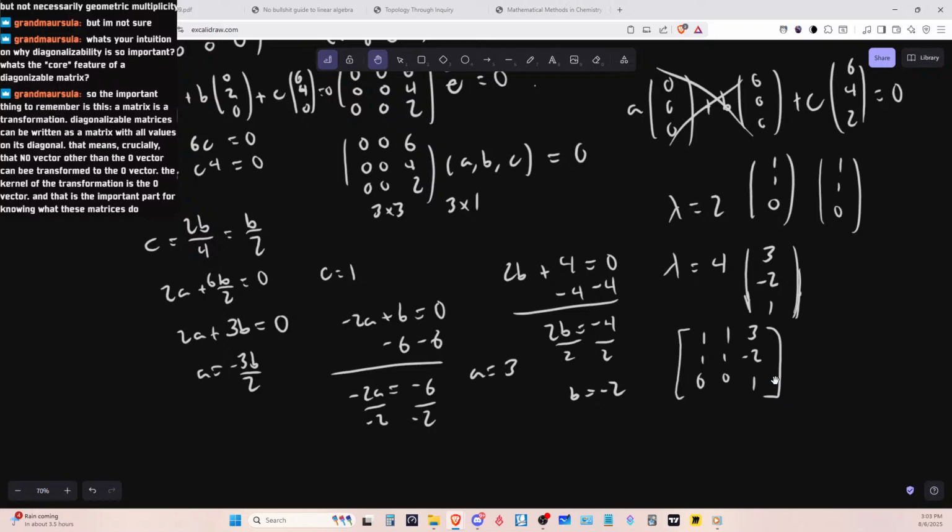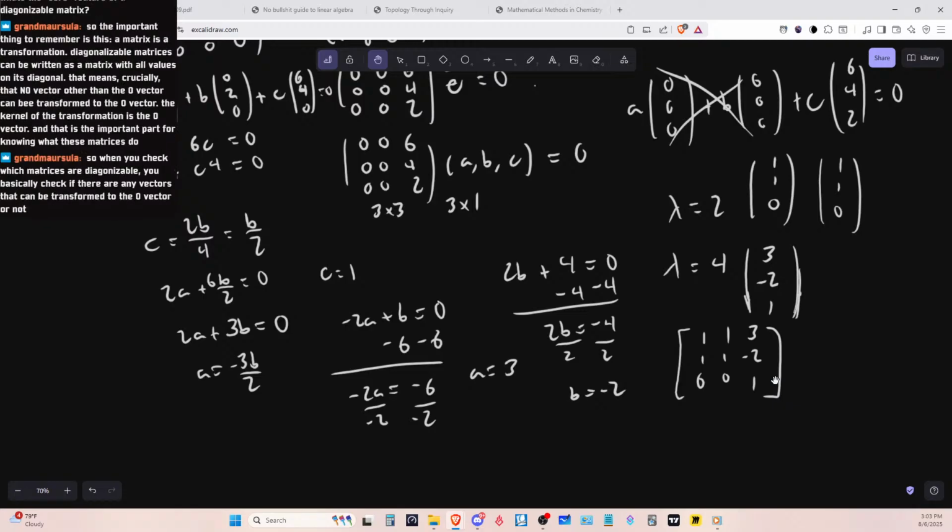Okay, now I gotta break apart what you just typed up, Ursula. So yeah, a matrix is a transformation. That I understood. Diagonalization can be written as a matrix with all the values on its diagonal, okay? That means, crucially, that no vector other than the 0 vector can be transformed to a 0 vector.